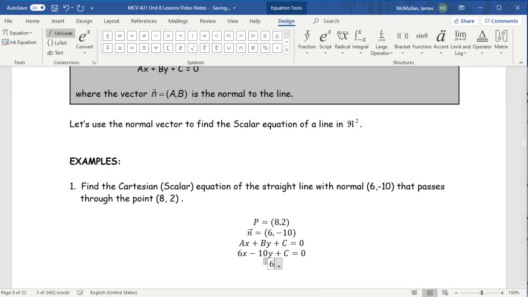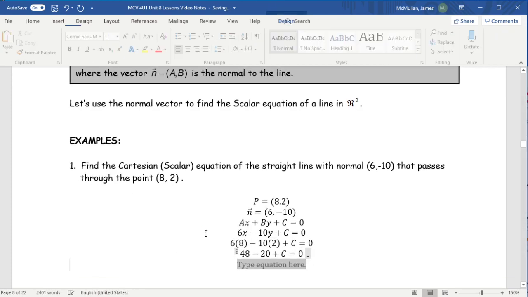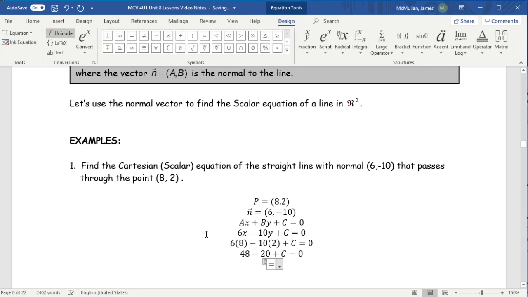And we also know that 6 times 8 minus 10 times 2 plus c has to be 0. And so we get 48 take away 20 plus c equals 0, and therefore c is equal to negative 28. So we come up with the equation 6x minus 10y minus 28 equals 0.